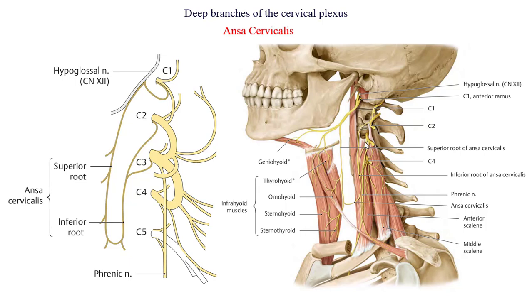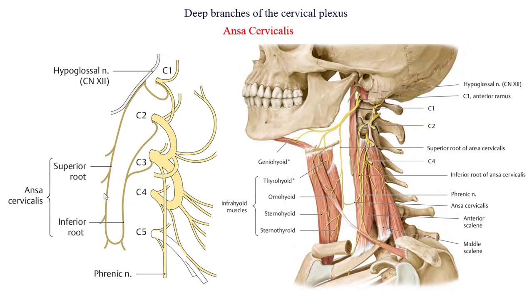It is a loop of nerves formed by the anterior rami of the cervical spinal nerves C1 to C3. The ansa cervicalis is formed by a combination of the superior root of the ansa cervicalis and the inferior root of the ansa cervicalis.